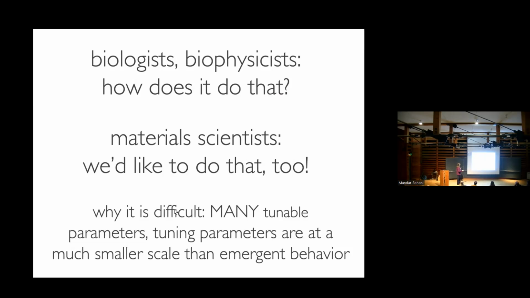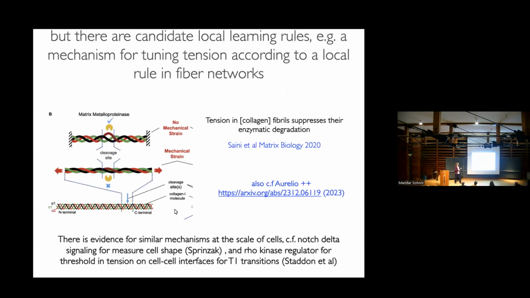And also kind of from a soft matter material science perspective, I'd like to make materials that can do that robustly as well. Of course, it's difficult because there are many tunable parameters, and the tuning parameters are at a much smaller scale than the emergent behavior. Okay, so that's the problem.